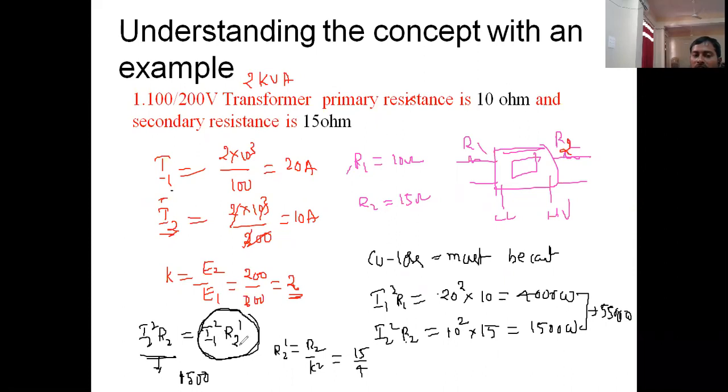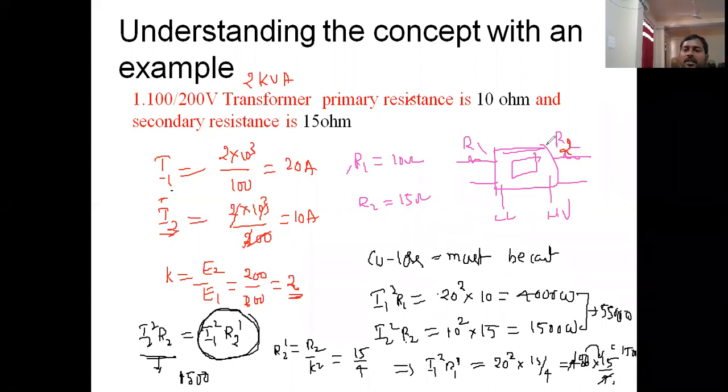Now I1 square R2 dash is equal to, I1 is 20, 20 square into 15 by 4. 20 square is 400 into 15 by 4. 4 hundreds is 4, so that is 100 into 15, which is equal to 1500. So that is satisfied.